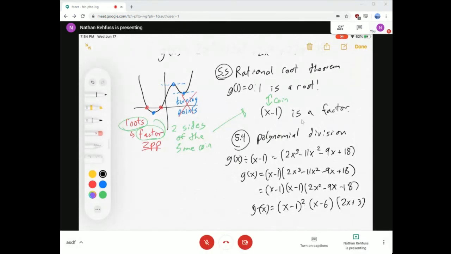Along the way, we'll also see some other helpful things, like the upper bound theorem that tells you when you've gone too far to the right to find a root, and the lower bound theorem that does the same thing on the left. There's the complex zeros theorem that tells you how to find roots that are complex numbers. We're back in chapter 5, so we are going to be talking about complex numbers again. Polynomials can have them.